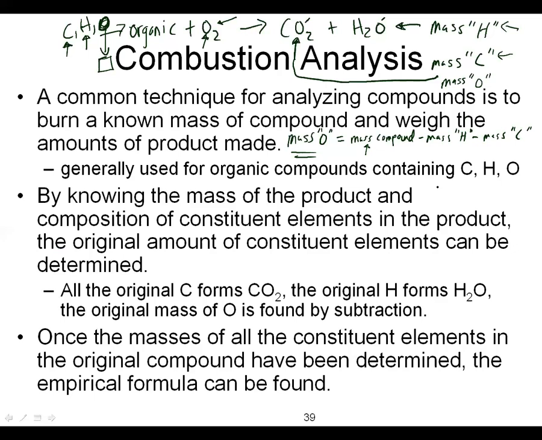Just like we did before, you convert the grams to moles, divide by the smallest number of moles, and then you can get to your empirical formula. So in this type of problem, there's a little more calculation you have to do before you get to the process of calculating the empirical formula.